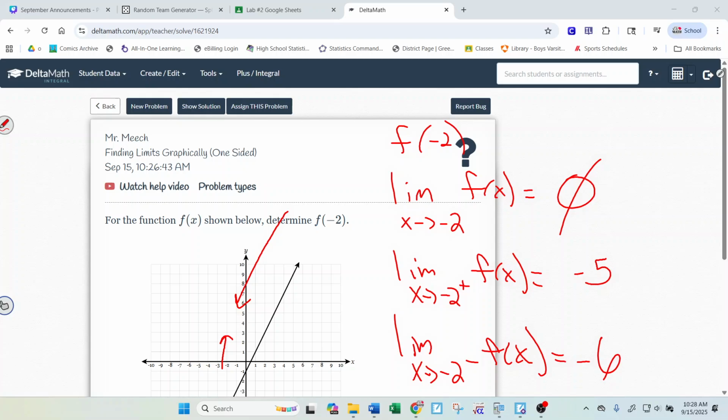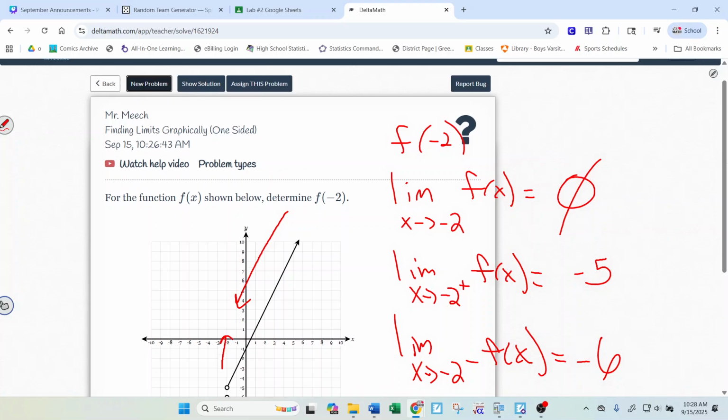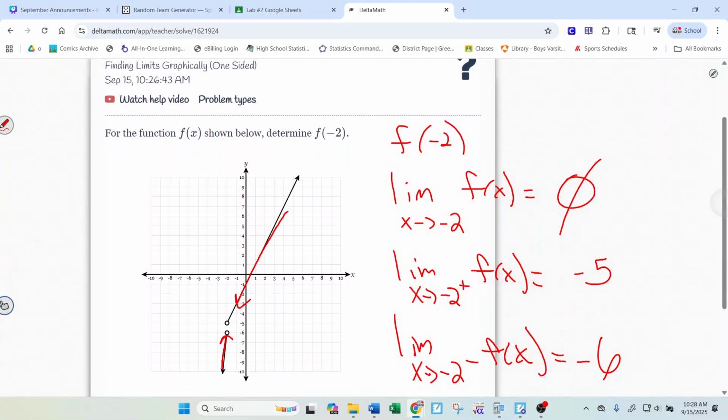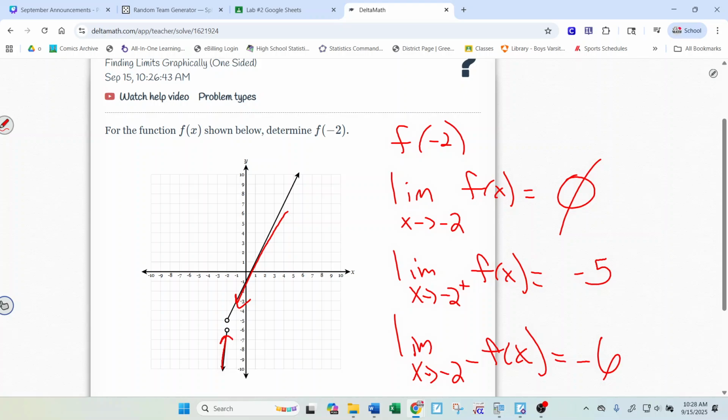Does this have a functional value at -2? No. There's no solid closed dot. Okay? Now, let's say this. Let's get rid of this.